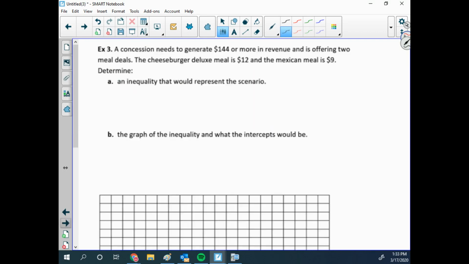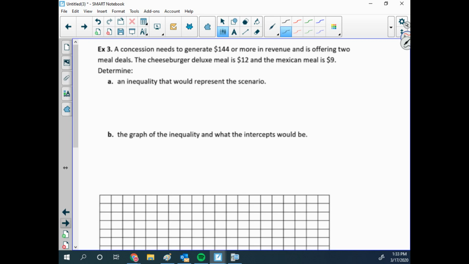Very last thing we got to look at is how we can take those and apply these strategies to problem-solving questions. So here's an example. A concession needs to generate $144 or more in revenue. It's offering 2 meal deals. The cheeseburger deluxe meal is $12, and the Mexican meal is $9. So it says, first of all, write an inequality that would represent this scenario.